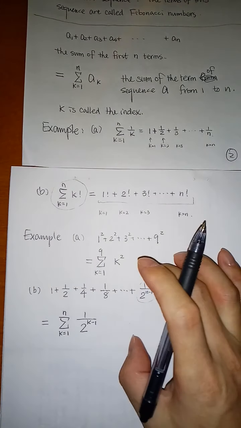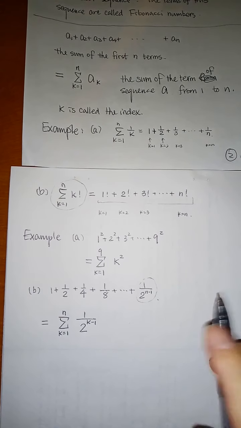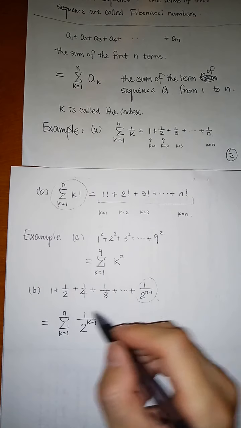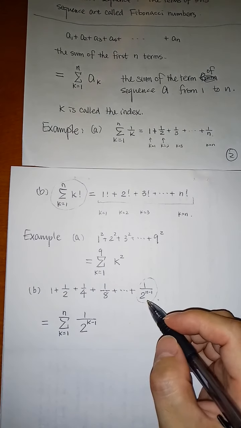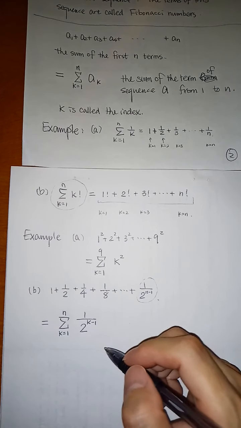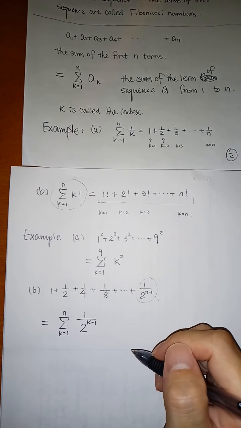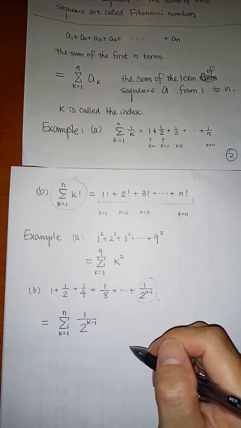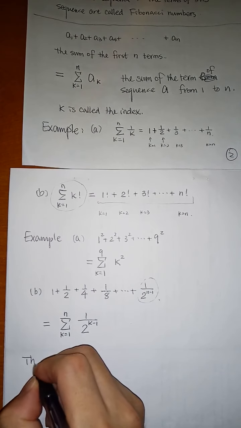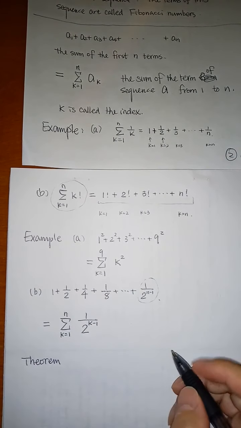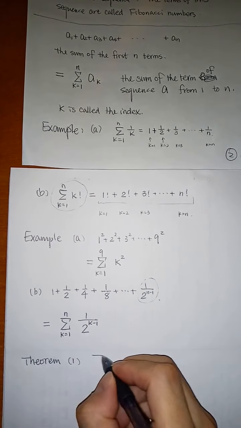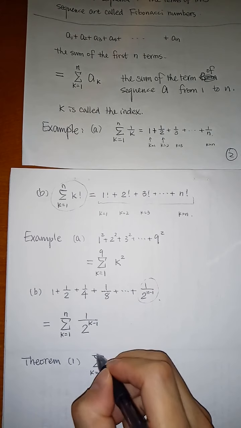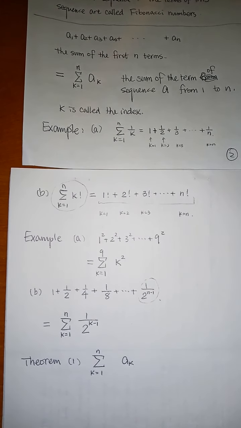Okay, once we have this sigma notation, remember sigma notation is just a compact writing of the sum with a lot of terms. So whenever the sum has a property, the sigma notation will also have the corresponding property. Okay, so for example, if you have a sequence an, you add them.